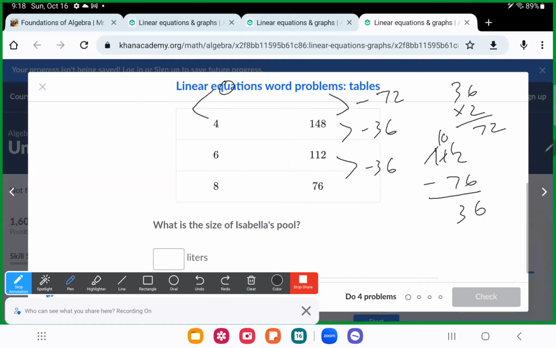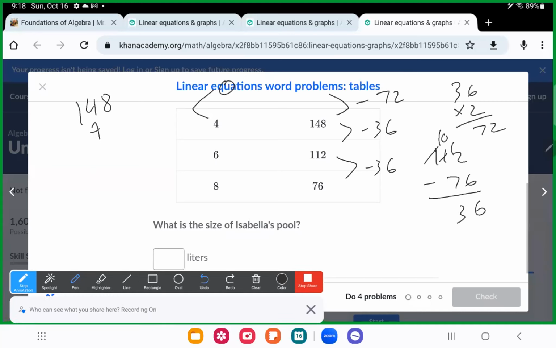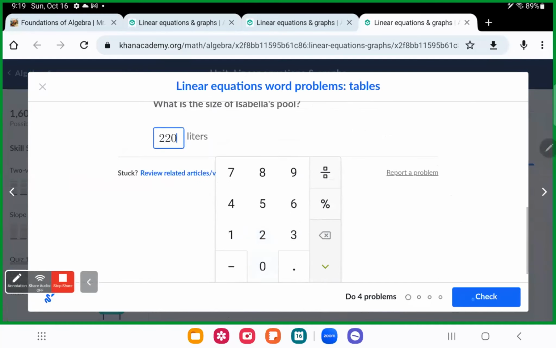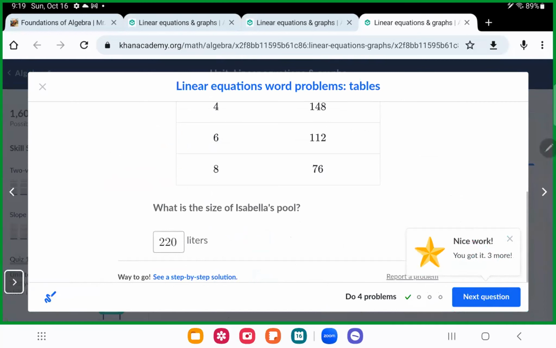So subtract 72. And so what is 148 minus 72? Or adding 72, right? Because we want to find how big that pool is. And so that would be 5 plus 7 is 12, to 220. Is that right? Let's find out. 220. I got it. All right.